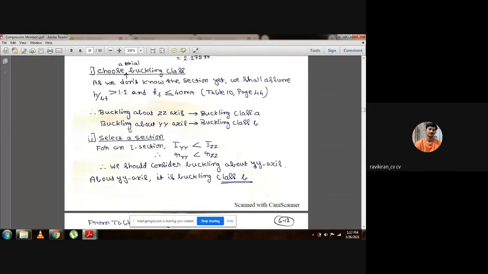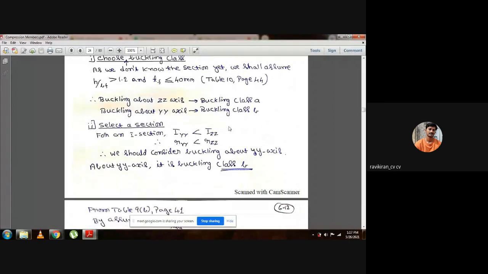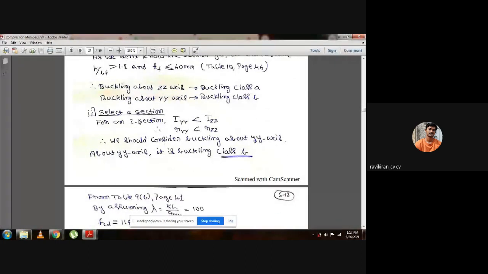Based on this condition, the buckling class about the ZZ axis is A and about the YY axis is buckling class B. So once we got these classes, next move on to selection of section.